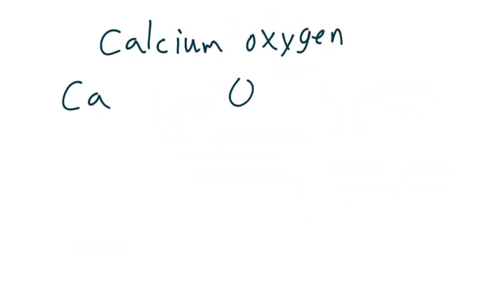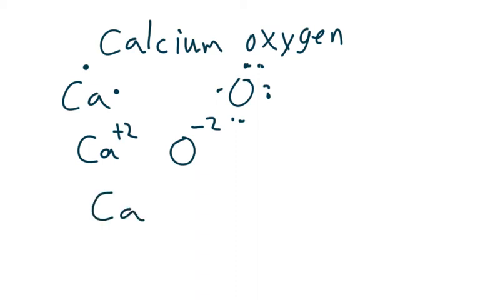First, here's the Lewis dot structure for calcium. He has 2 valence, and oxygen has 6. And what happens here is calcium wants to lose 2. Oxygen wants to gain 2. Now, when you crisscross these two, look what happens over here.